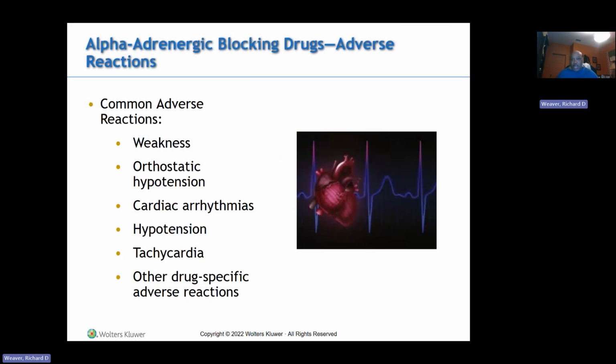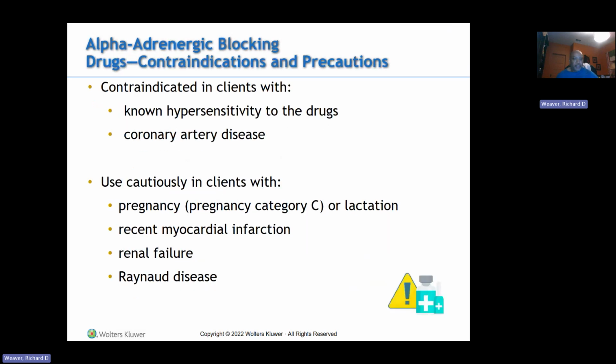Because when the blood pressure really drops significantly, then your mean arterial pressure, your MAP that I talked about, also drops, and so you're not perfusing your tissues and organs. So this is a compensatory response from the body to say, I need to get more blood out there in the systemic circulation. And there are also other drug-specific adverse reactions, which we should see as we go through this.